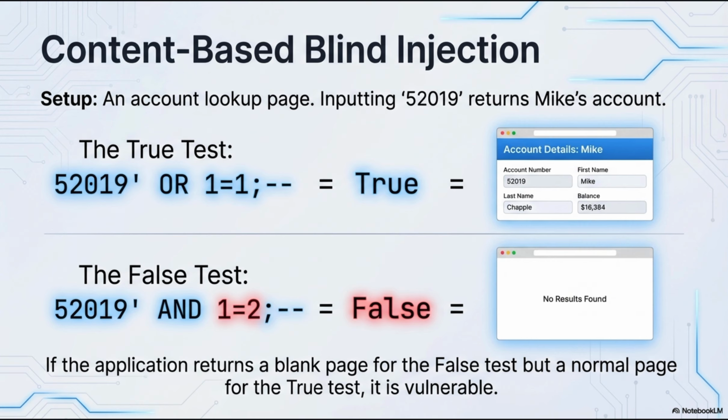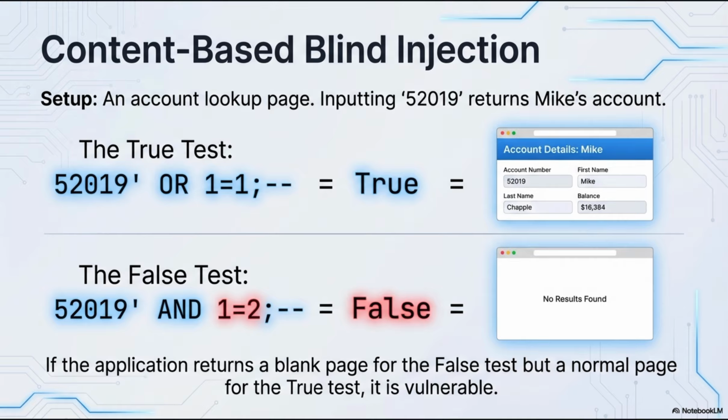So what's a content-based blind injection? They could put in some code wherein, even though it won't show the output, if their condition is false, then the page won't load.